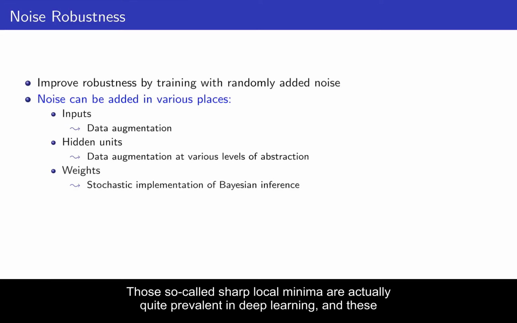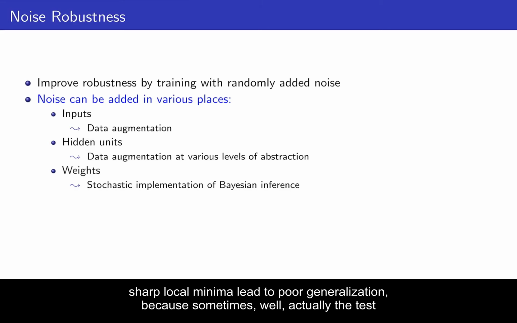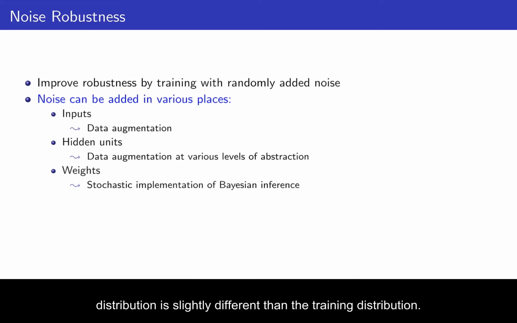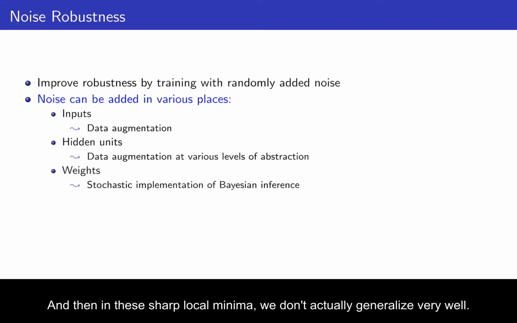Those so-called sharp local minima are actually quite prevalent in deep learning, and these sharp local minima lead to poor generalization because sometimes the test distribution is slightly different than the training distribution, and then in these sharp local minima, we don't actually generalize very well.